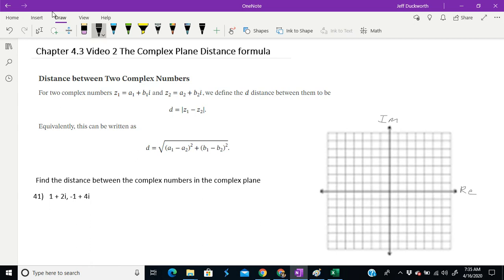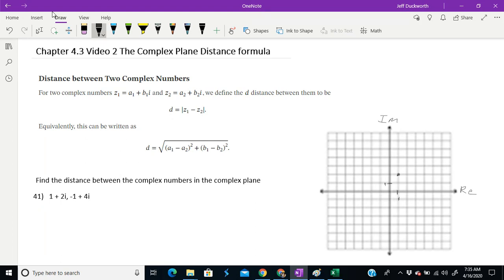So let's graph these two numbers. 1 plus 2i. 1 is our real component, and 2 is our imaginary component, so we're going to be here. So we're going to go over to the right 1 and up 2. And I'll just indicate that this is 1, this is 1, and it should go from there.